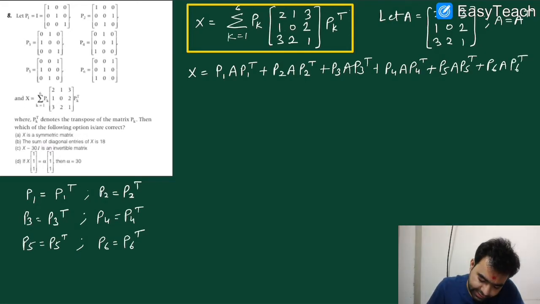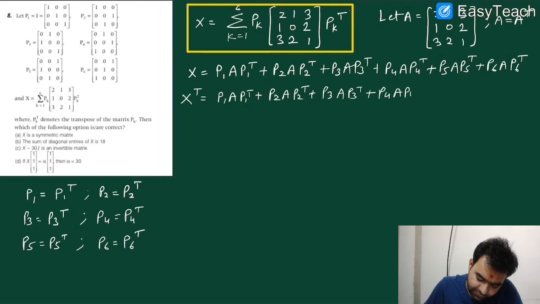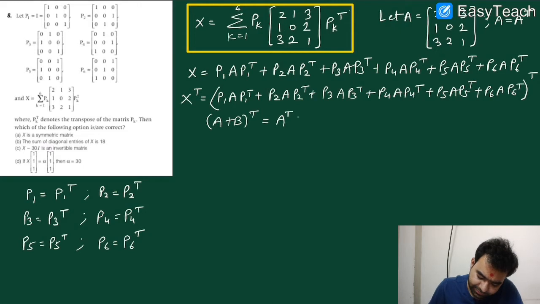So X transpose is equal to P1A P1 transpose plus P2A P2 transpose plus P3A P3 transpose plus P4A P4 transpose plus P5A P5 transpose plus P6A P6 transpose, the whole transpose. Now we know that (A plus B) transpose can be written as A transpose plus B transpose, and (AB) transpose can be written as B transpose into A transpose.